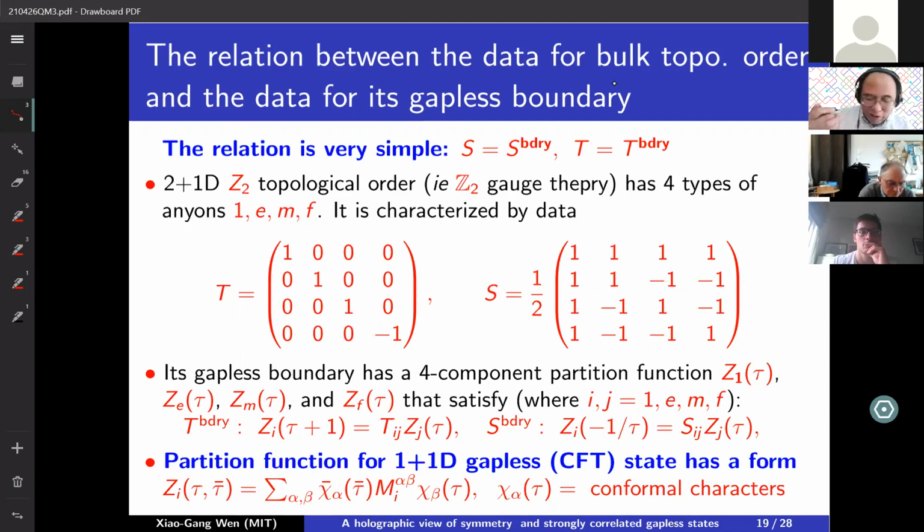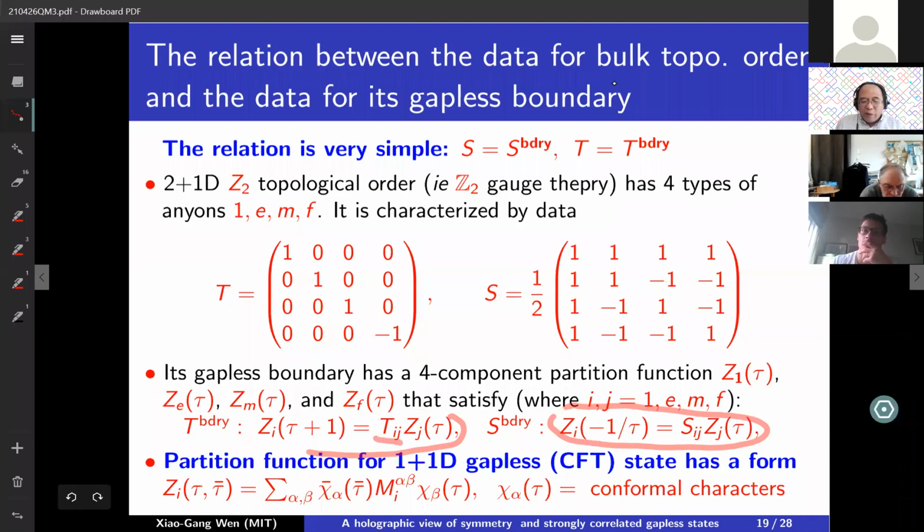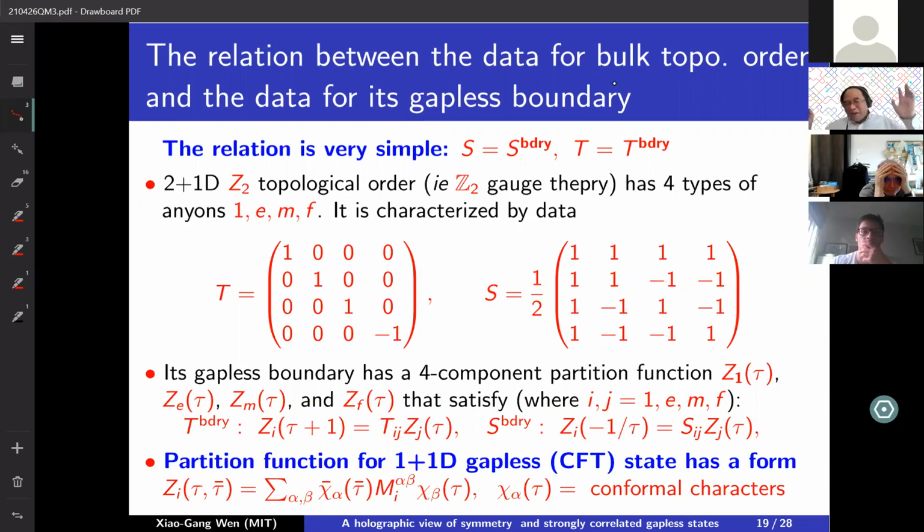So from here, we can try to determine the partition function. We know the boundary partition function transforms in this way, where these ST matrices are given by the bulk topological order. Then from these two formulas, we hope to determine the partition function completely. That seems hard, because those are discrete relations, not differential equations.